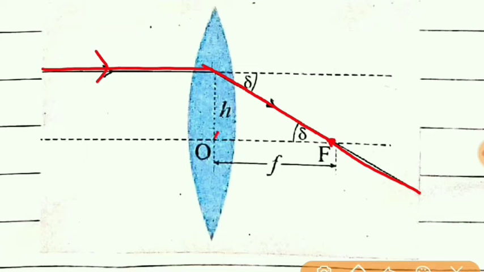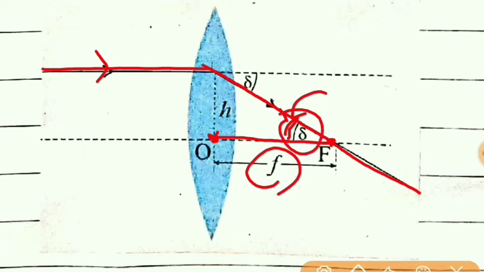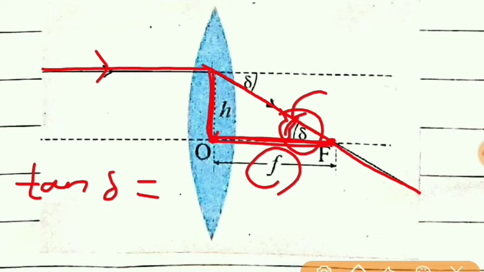The distance from the optical center to this focus, small f, is called the focal length, and the angle made here is delta. If we take tan delta, then tan delta is opposite side upon adjacent. Opposite is h and adjacent is f.